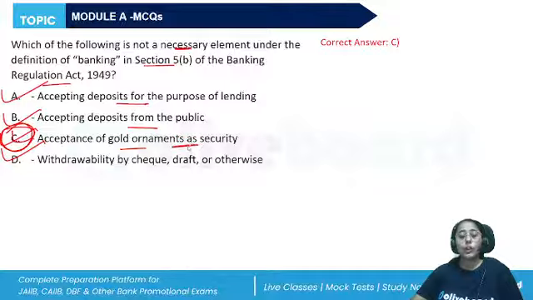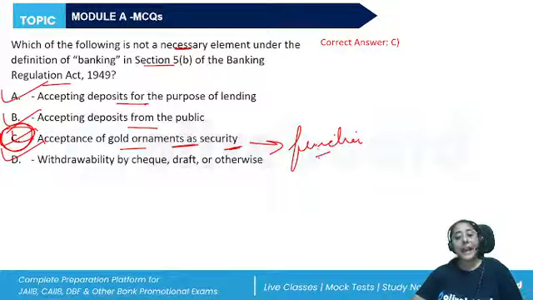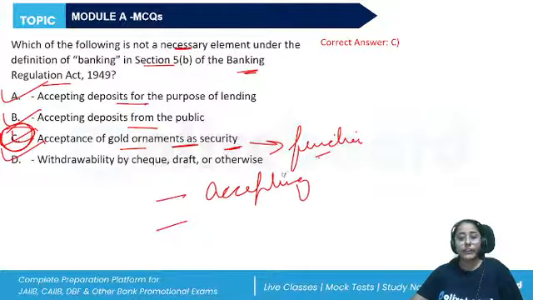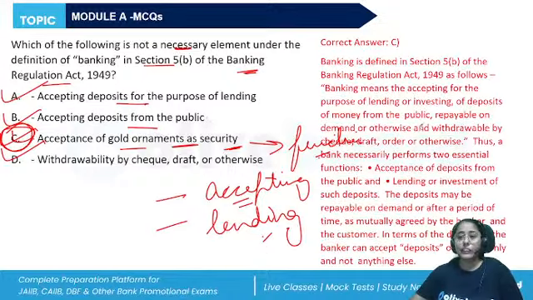Acceptance of gold ornaments as security is one of the functions that banks might perform, but the definition of banking includes only two parts: accepting deposits that are withdrawable on demand and using those deposits to give out loans. So the correct answer will be C. I've also included the definition.